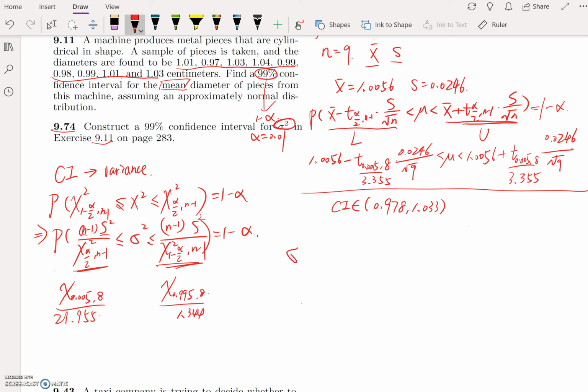So the confidence interval for sigma square is 8 times 0.0246 square divided by 21.955, to 8 times 0.0246 square divided by 1.344. So this is the result for this problem.